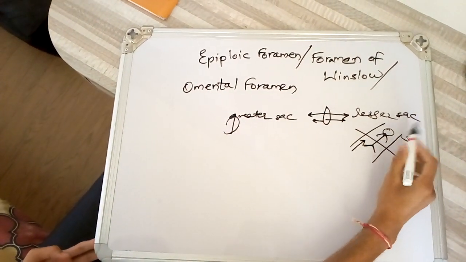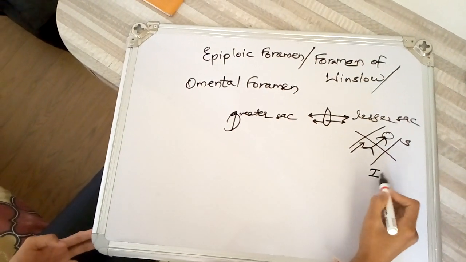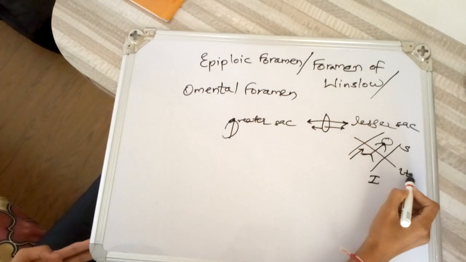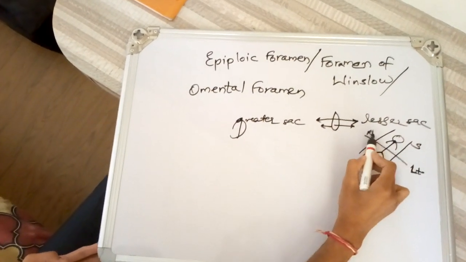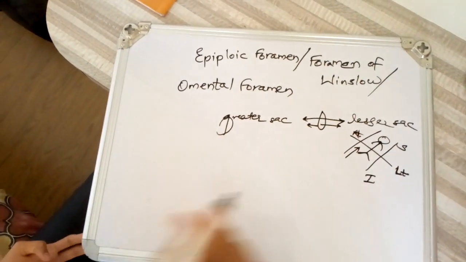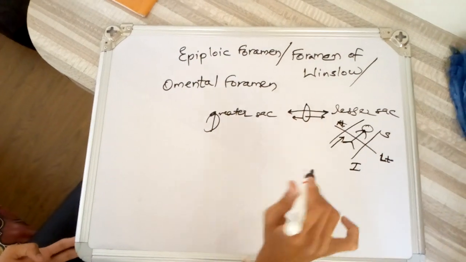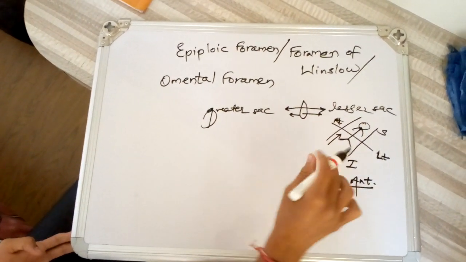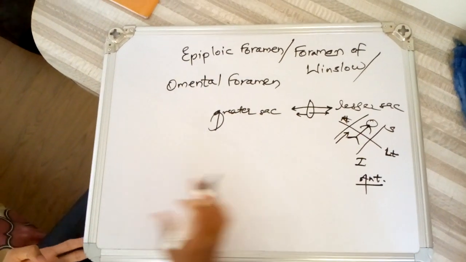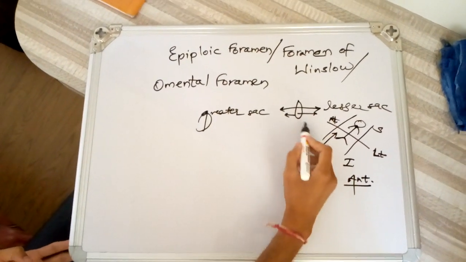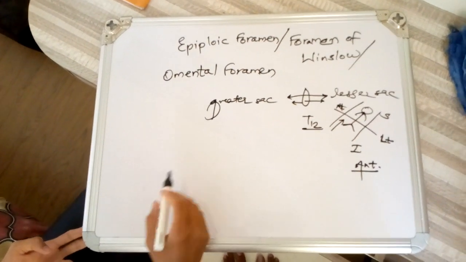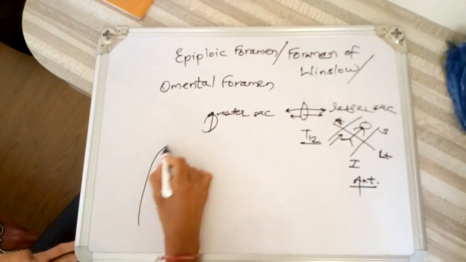So this is the superior of the patient, this is the inferior, this is the left side and this is the right side of the patient. And you are viewing from the antero-inferior aspect. Accordingly, the section is taken at T12 level, that is the 12th thoracic vertebra. So the section is sort of this one.